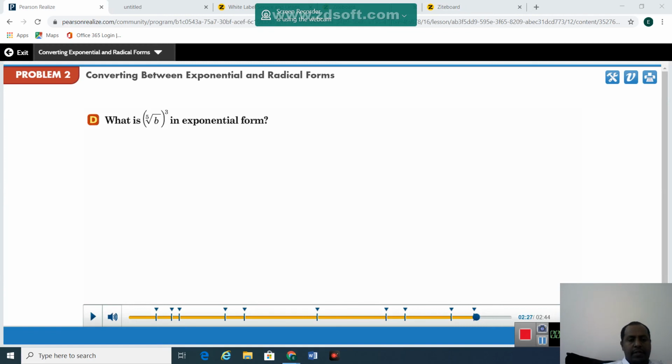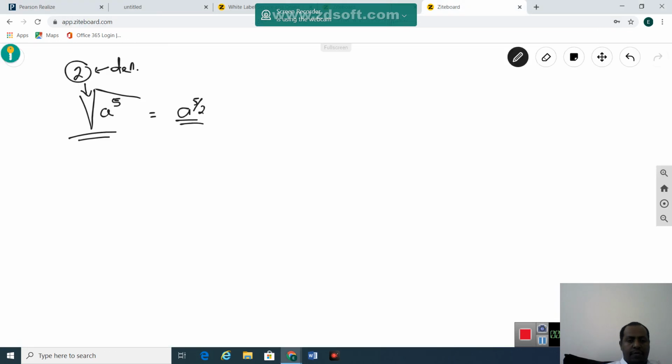And the last problem is, what is the fifth root of b to the power of 3? Again, we will apply our key concept. Here the index is 5, and since the index is 5, I can use it as the denominator of the exponent.